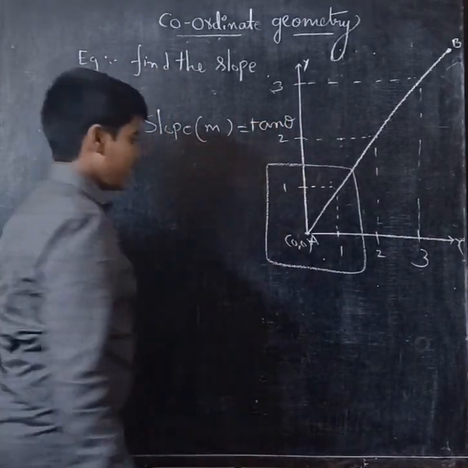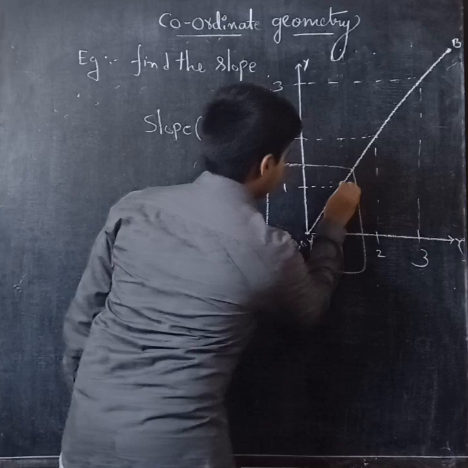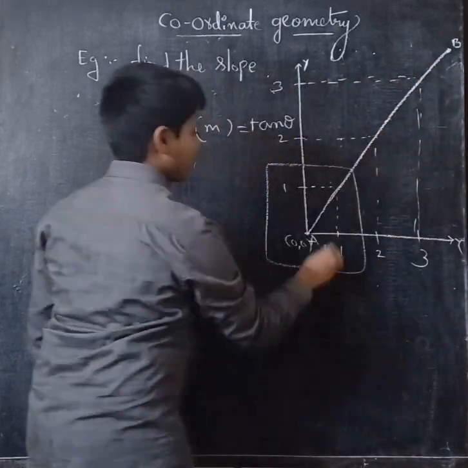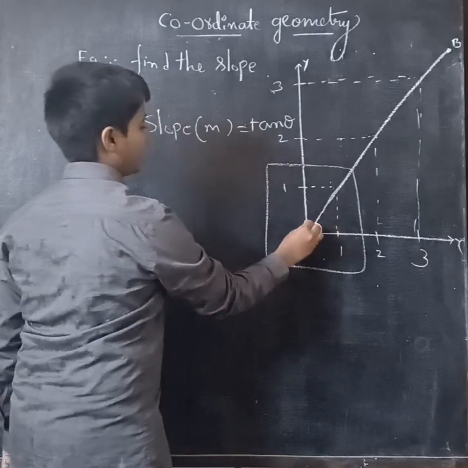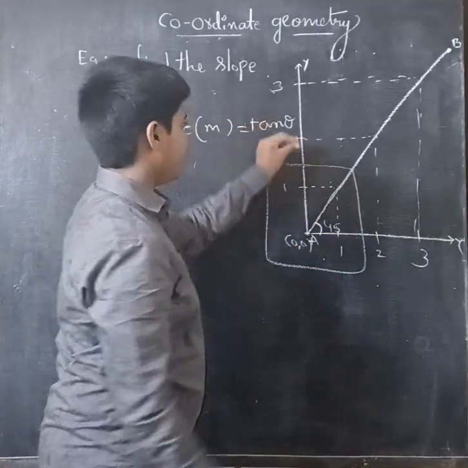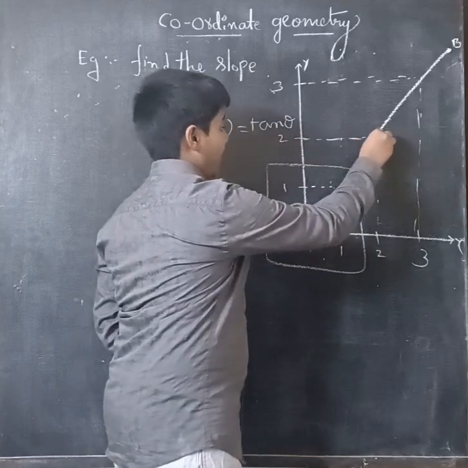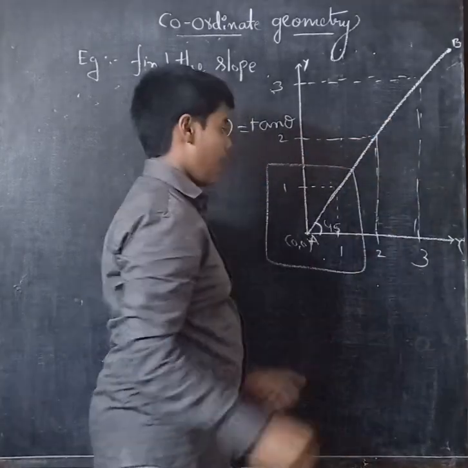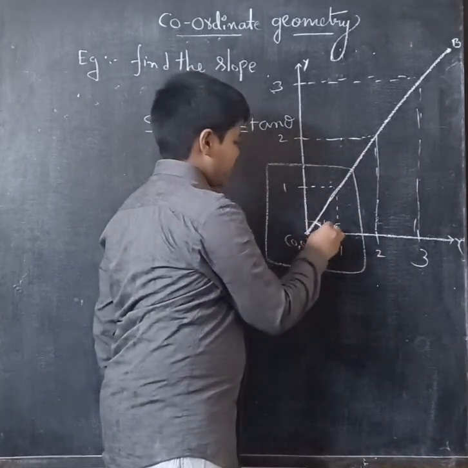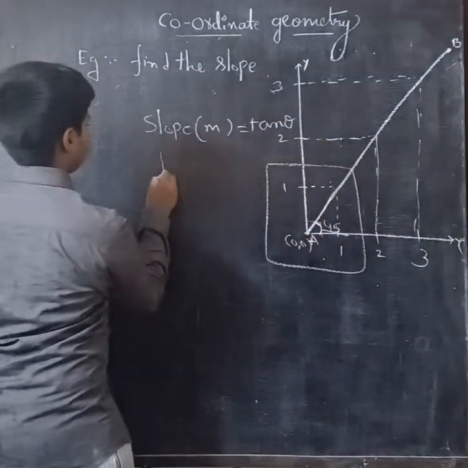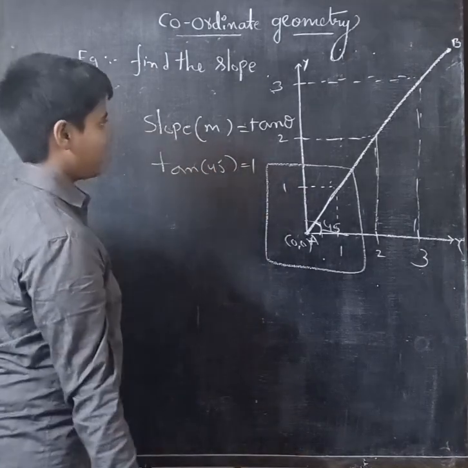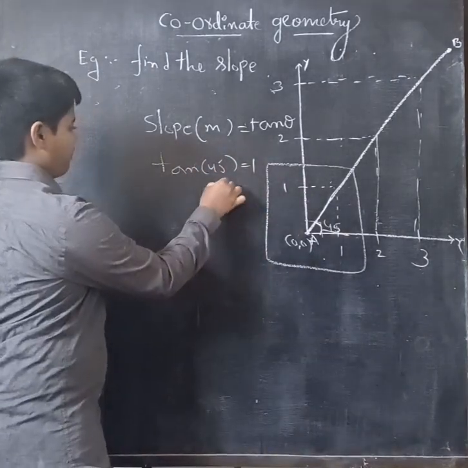This line bisects the 90 degree angle, which means 45 degrees. When a line is drawn like this and it is attached to another point on the x-axis, it bisects the 90 degrees, which is 45 degrees, so tan 45 is equal to 1. The slope of this line is 1.